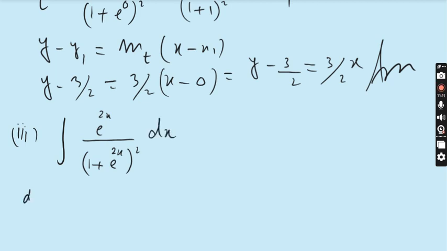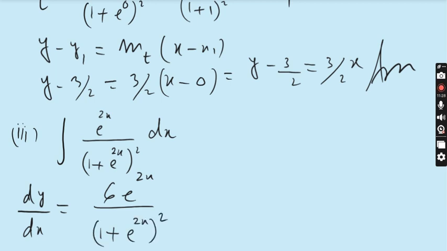What was our answer of dy by dx from part 1? Our answer was 6e power 2x upon 1 plus e power 2x whole square.